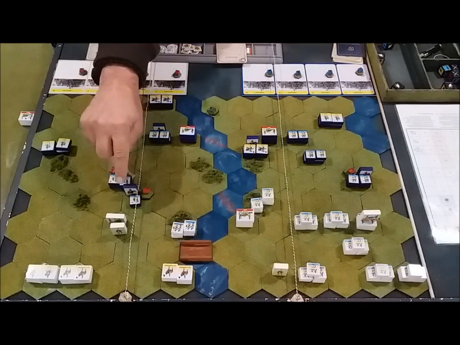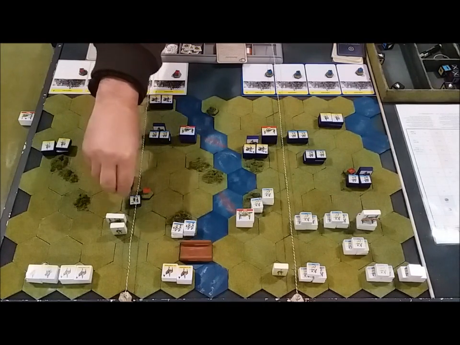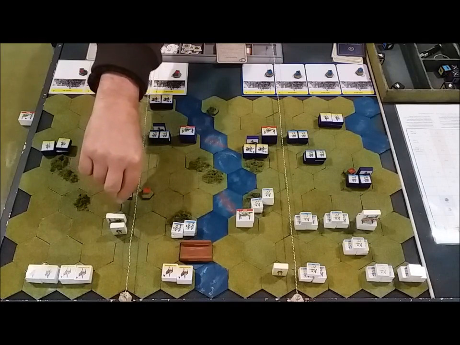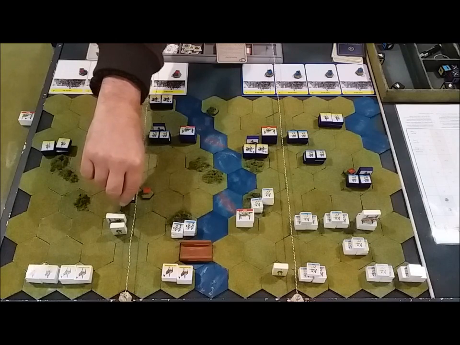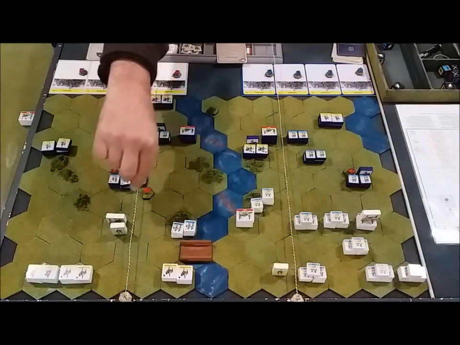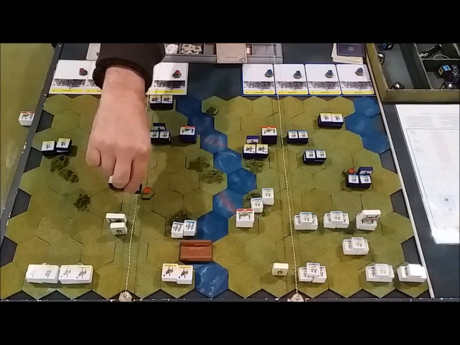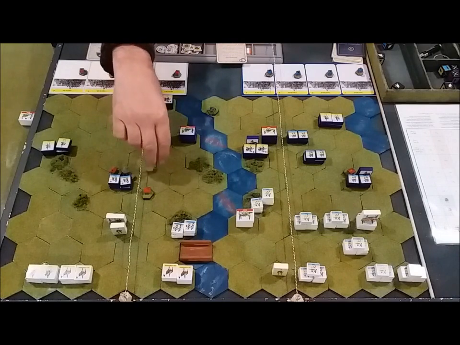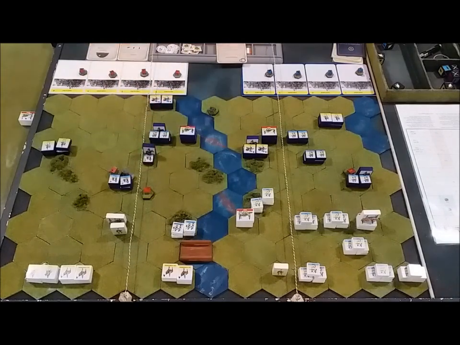So we can ignore the first retreat if we wish with him, but we still have to retreat with at least 1 hex. And I think we need to retreat the 2. So we'll go 1. Oh, no. 1, 2 to here. Like that.